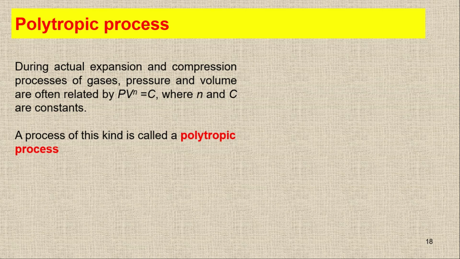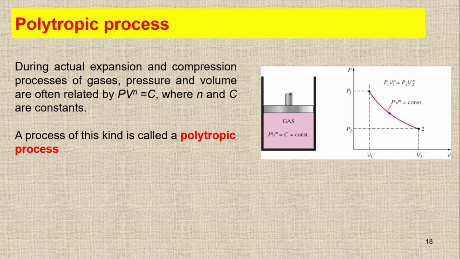Whenever we have a process which is following PV^n equal to a constant value, then it is called a polytropic process. Here you can see we have a piston cylinder device, and the gas is going to expand with the relationship PV^n equal to c.